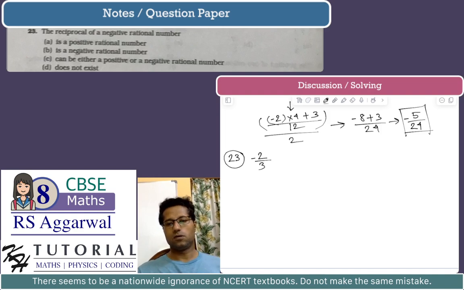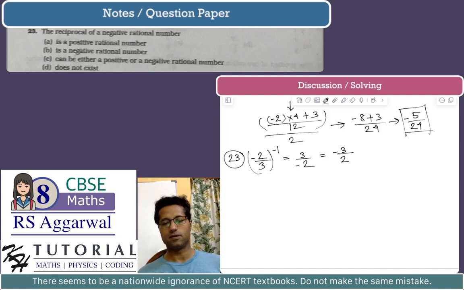Now what will be the reciprocal of minus 2 by 3? So reciprocal is multiplicative inverse. This will be equal to 3 by minus 2, and the denominator is negative, so we will make it positive and it becomes minus 3 by 2. So we can see that it is still a negative rational number.